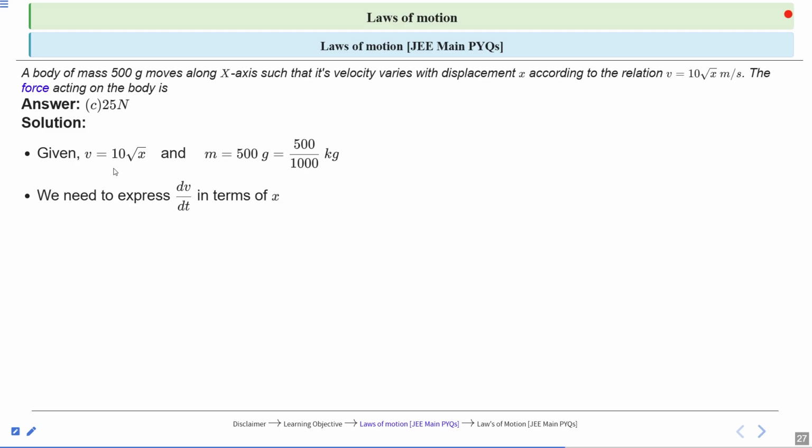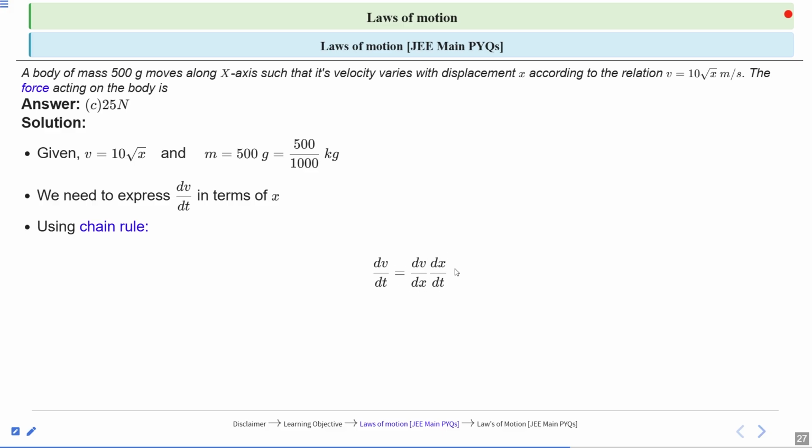We need to express dv upon dt in terms of x. So using the chain rule, we can express dv upon dt as dv upon dx into dx upon dt.